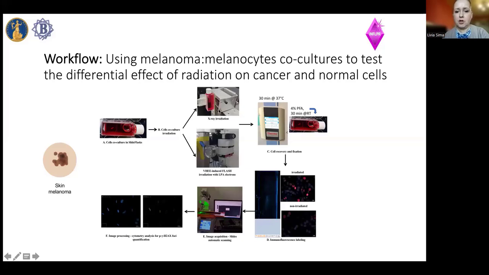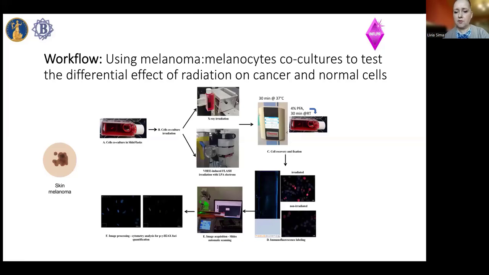So after exposing cells to radiation, they are then recovered for 30 minutes at 37 degrees and then fixed for analysis. And here is where our TissueFAXS analysis has the most importance, because the main assay that is used in this field to validate the effect of radiation is the quantification of foci inside the nucleus.